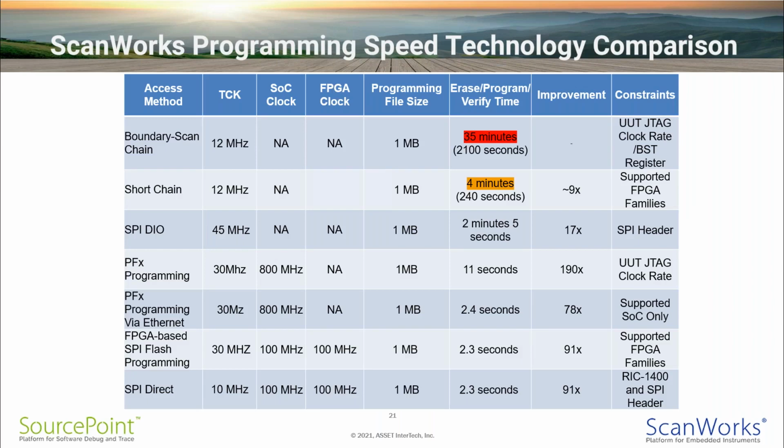In this chart, the TCK is the rate of the data transmitted via JTAG to the targeted flash device. And in the Ethernet example, the data is transferred via Ethernet and a TFTP server running on the host. These measurements were not all made on the same target. However, after the demonstration, there will be a chart that has the recorded values of all the programming methods used on the target.